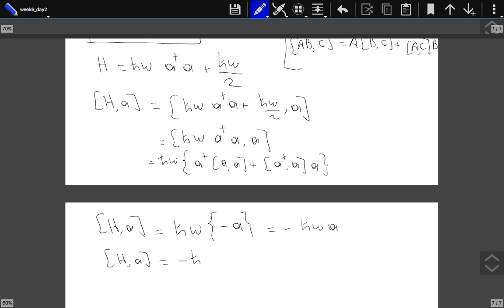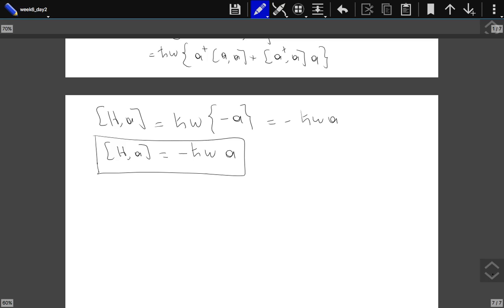The commutator of H and a is equal to minus h bar omega a. Now this will be interesting. You see, you have one operator that doesn't commute with the Hamiltonian, but the commutator is some constant times itself. So whenever you see such an operator, we will see what it implies for the spectrum.